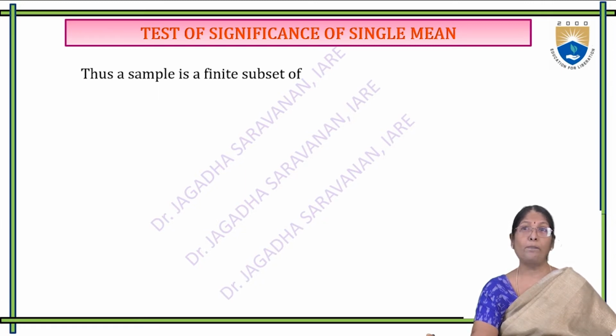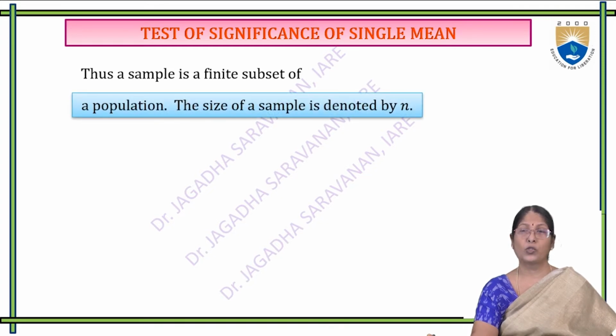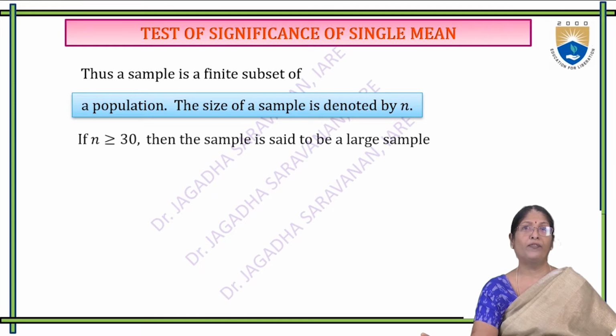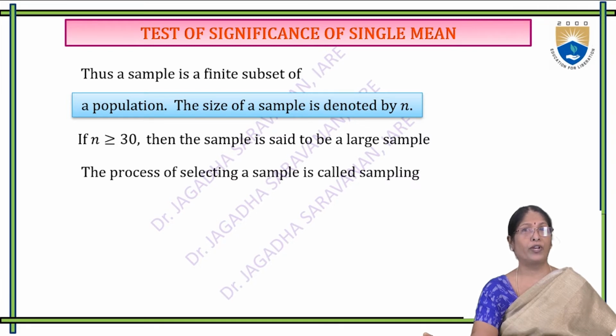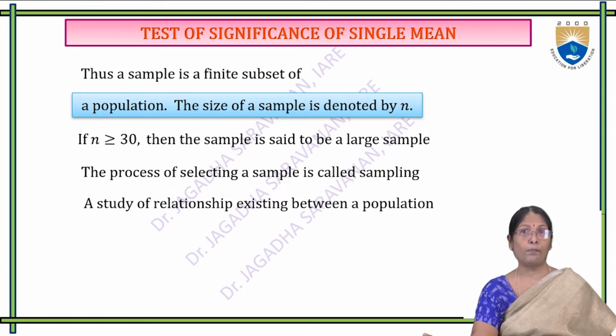Now the sample itself has two types: small sample and large sample. That depends on how many we take into account. If it is less than 30, we call it a small sample; 30 or above, we call it a large sample. The process of selecting a sample is called sampling.